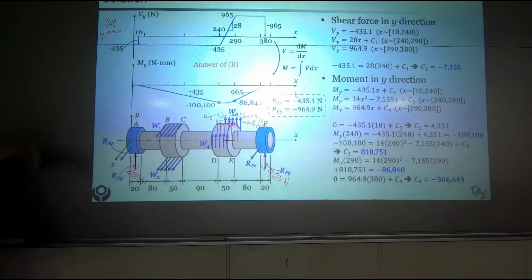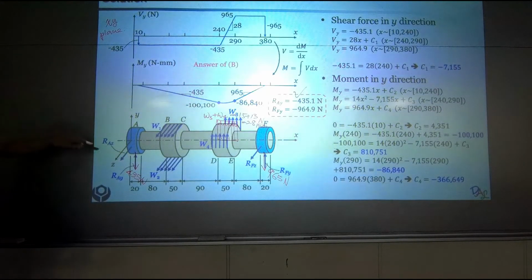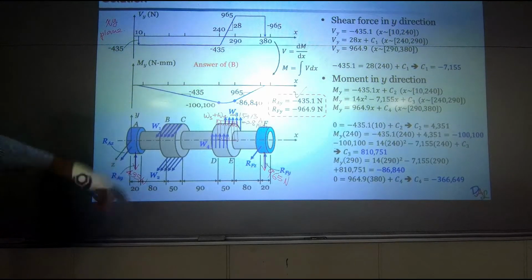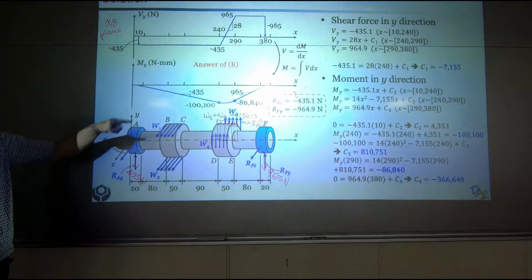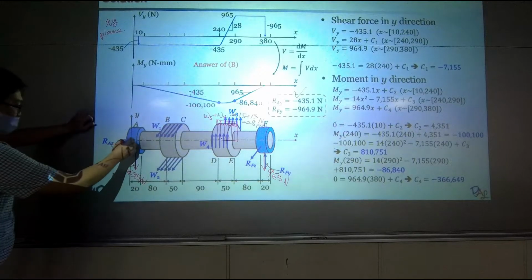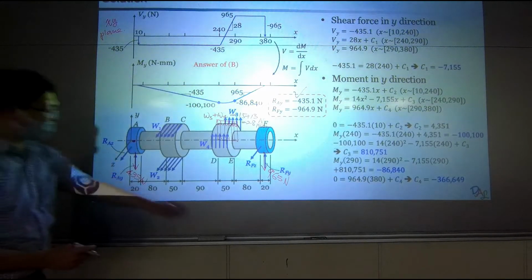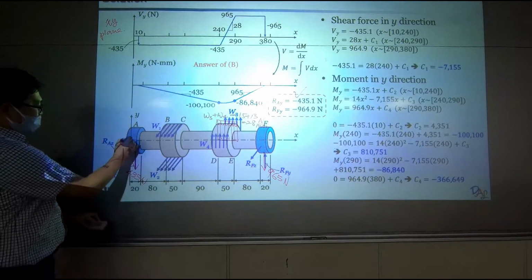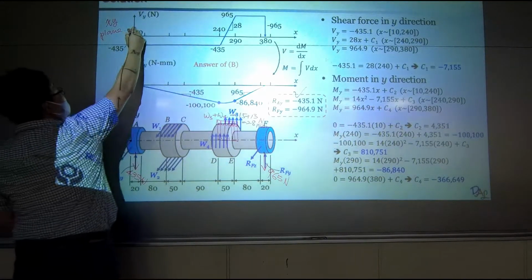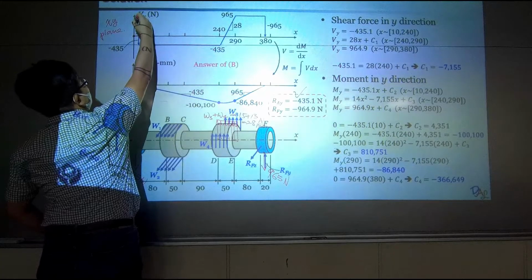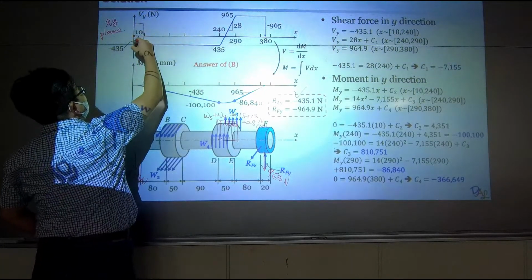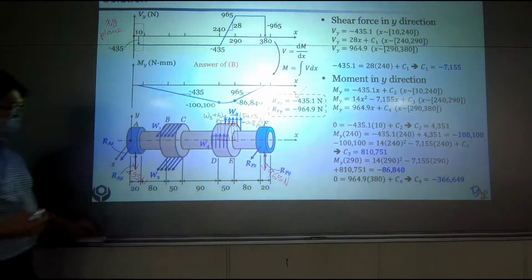The way to draw this directly is to take a walk from one edge to the other one. I start from the very end, right here, where my bearing is.